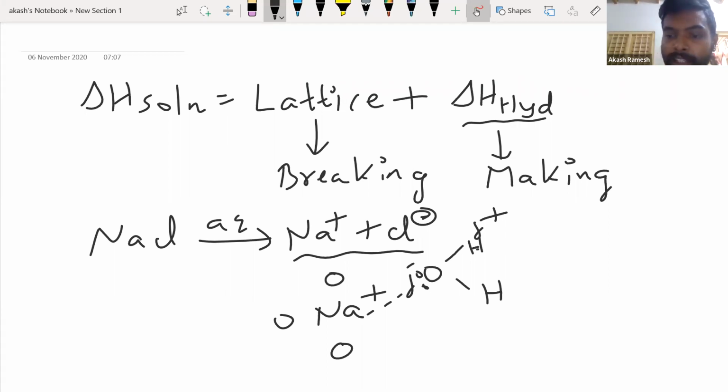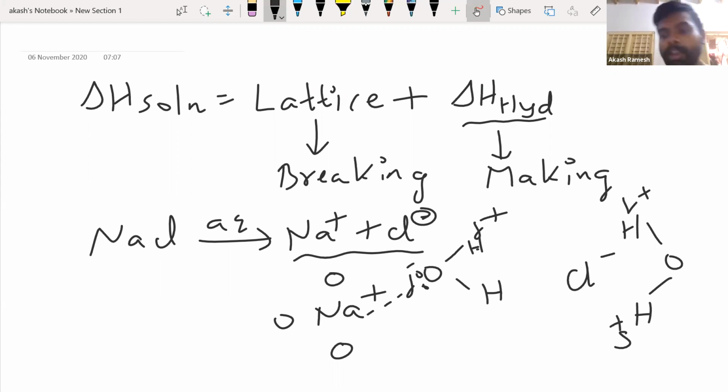If I take Cl minus, I'm going to have H delta positive, and I can have an interaction between the chlorine and the delta positive of hydrogen. Again, so many water molecules surround Cl minus also.